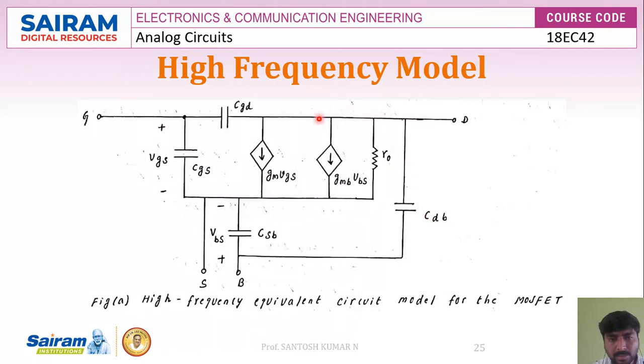This is the small signal model of the MOSFET. This model can be used to predict the high frequency response of the MOSFET amplifier, to determine how the MOSFET reacts to higher frequencies.